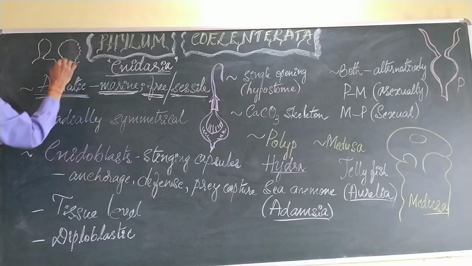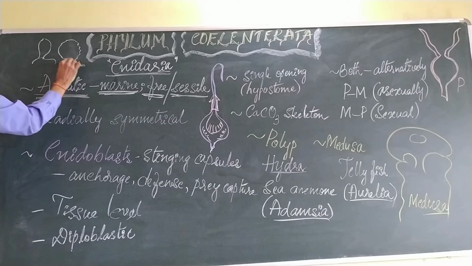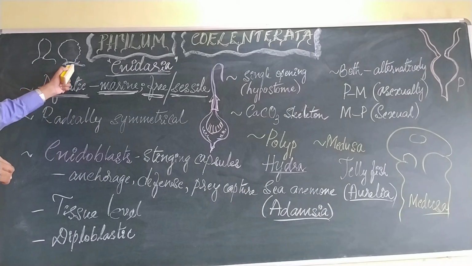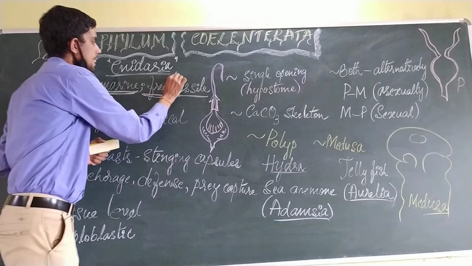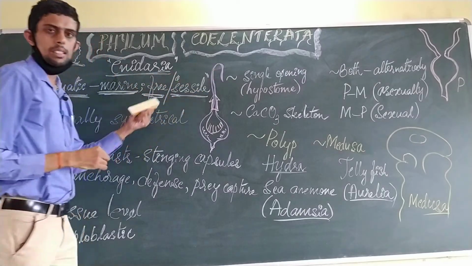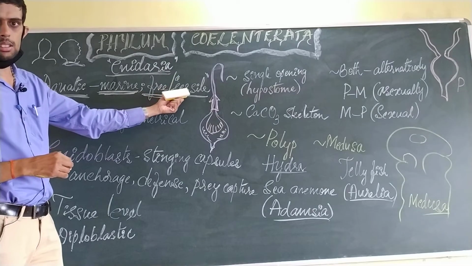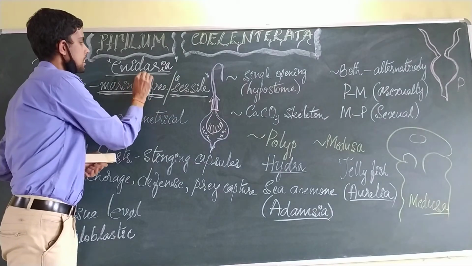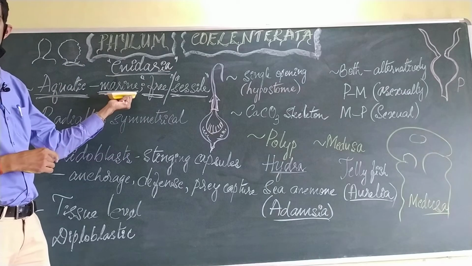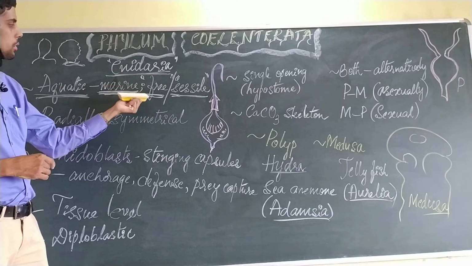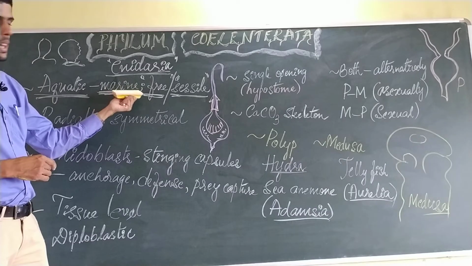So they are attached to a substratum or support, right? That is what we call the sessile forms, the attached forms. Whereas the other one, free living, is independent, right? So they move from one place to another without any barrier.